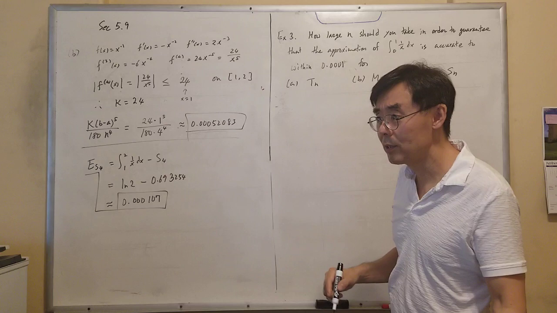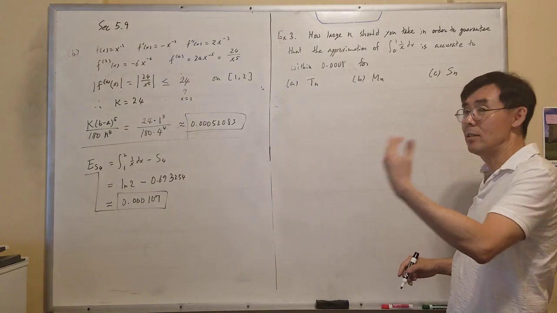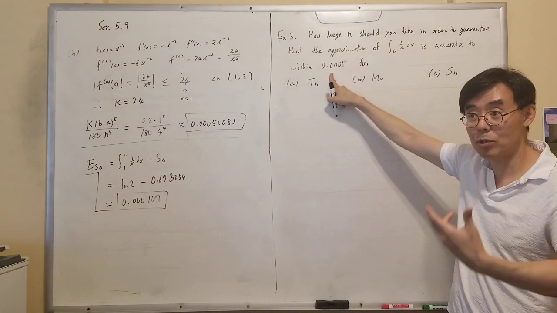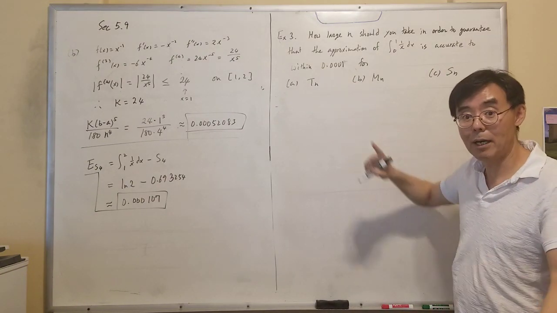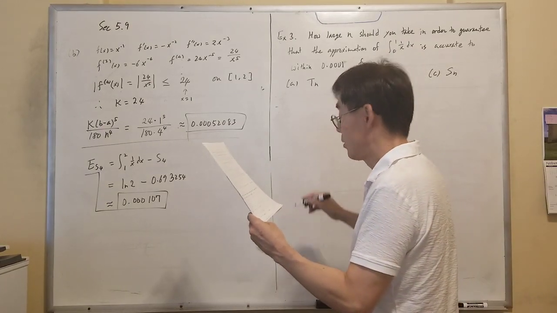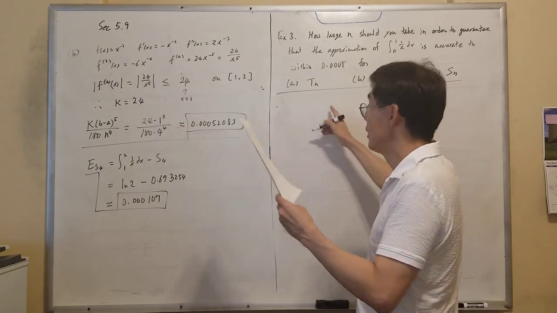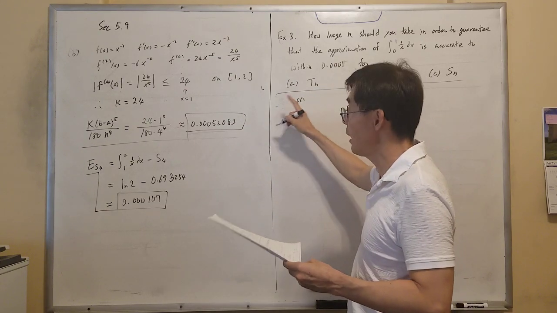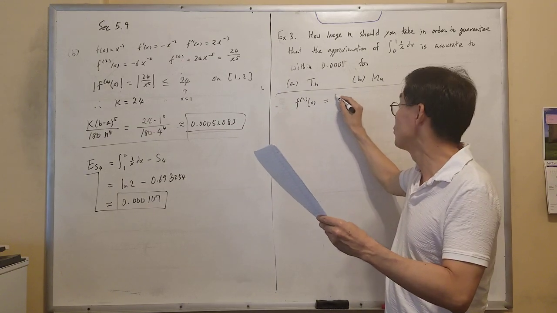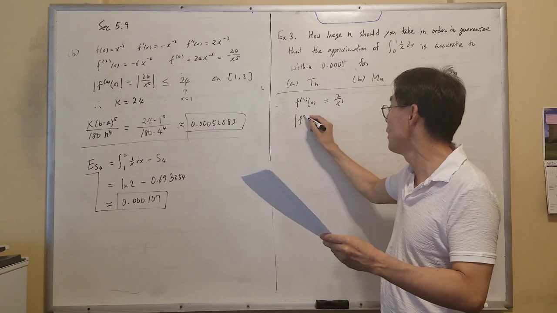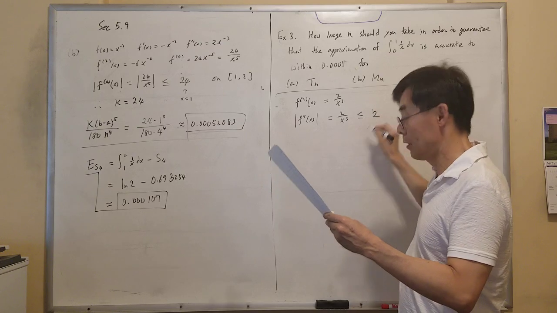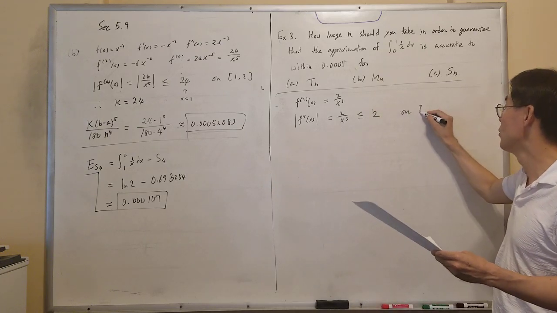Obviously, we have to consider the worst possible case error being less than or equal to this, right? The worst possible case error was given by theorem 1 and 2. So, solution. First of all, we find the k value for theorem 1. That was 2 over x cubed, so the absolute value of the second order derivative equals 2 on 1, 2.